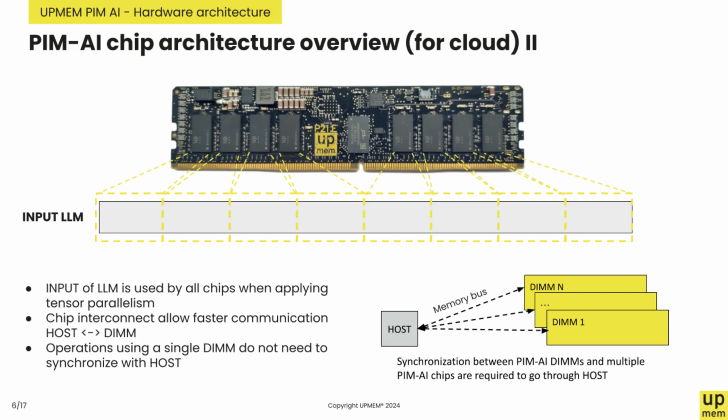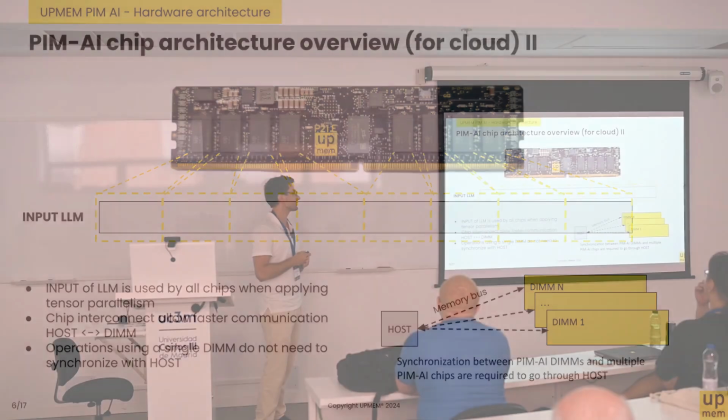So when we apply tensor parallelism to an LLM model, we will write the whole initial input, which will probably be the prompt for the model, into the DIMM, and internally the chips will exchange their part of the input with the neighbors. This means that, of course, if you want to synchronize between chips within the same DIMM, you don't need to go to the host. So you save some transactions there.